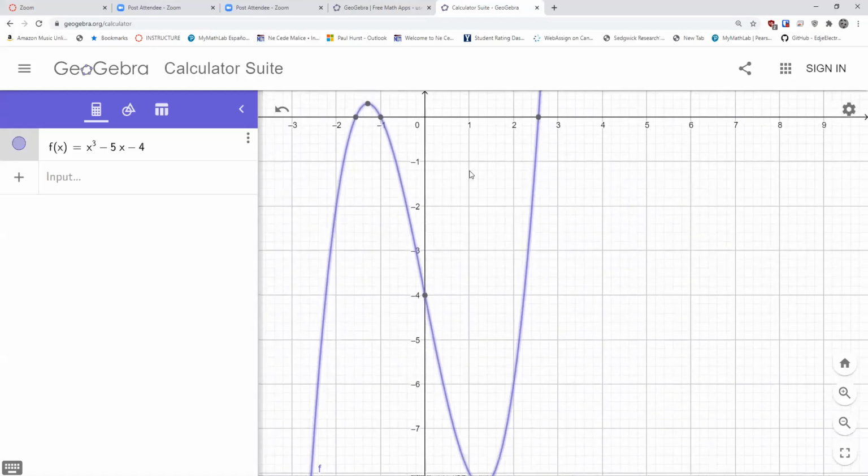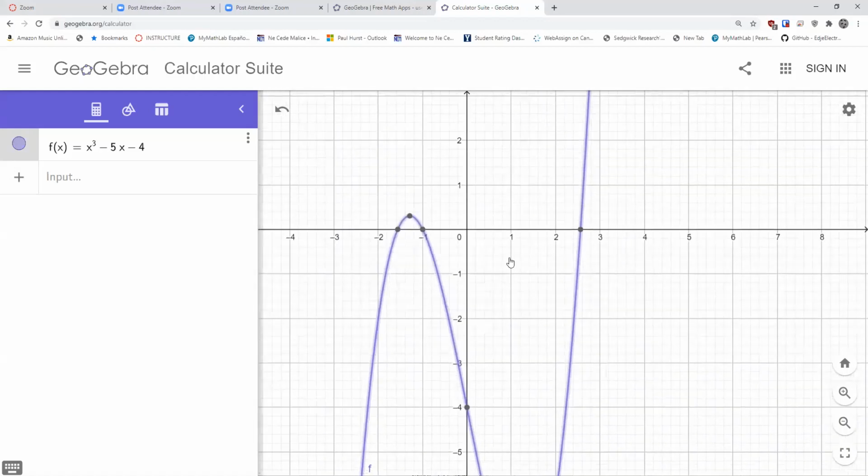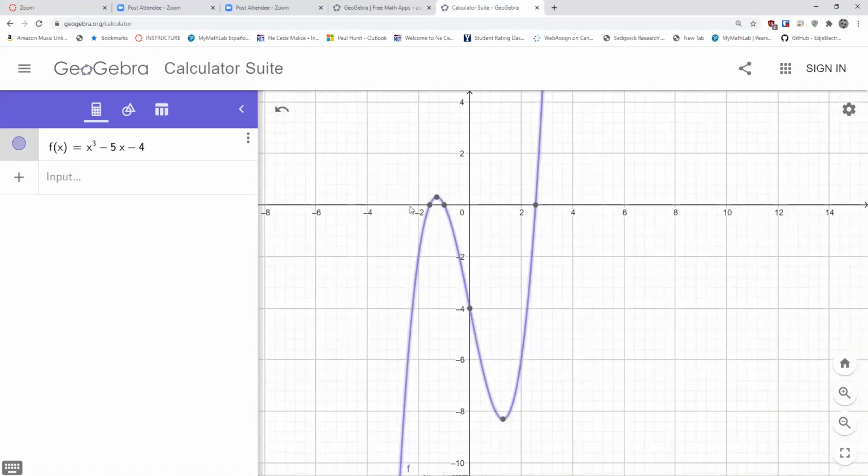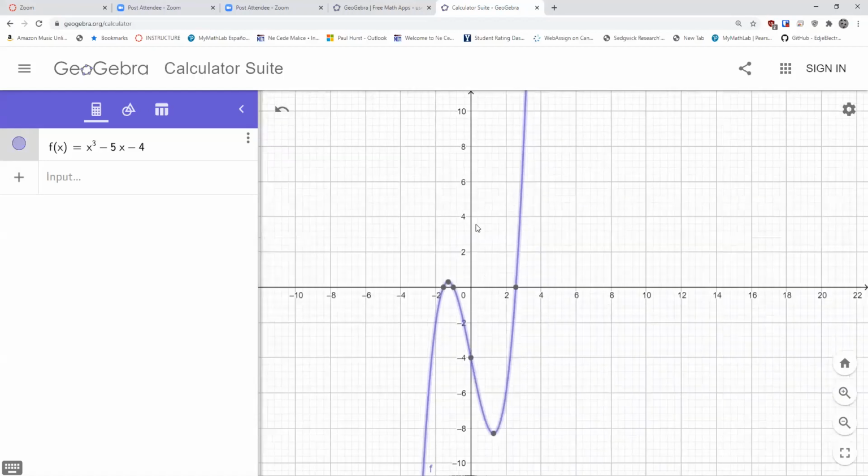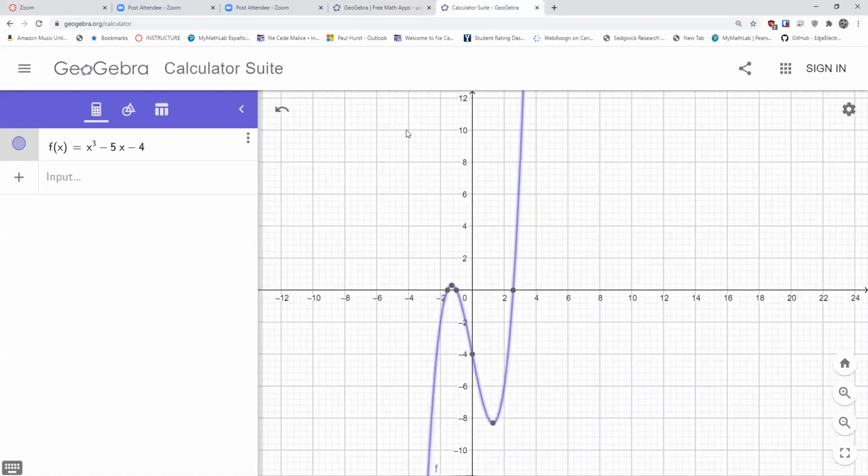Okay, now the next candidate that they want us to look at is negative 3 to 3 by negative 10 to 10. So negative 3 is around there, 3 is over here. So from negative 3 to 3, and then from negative 10 down here all the way up to 10. So it'd be roughly this window here.